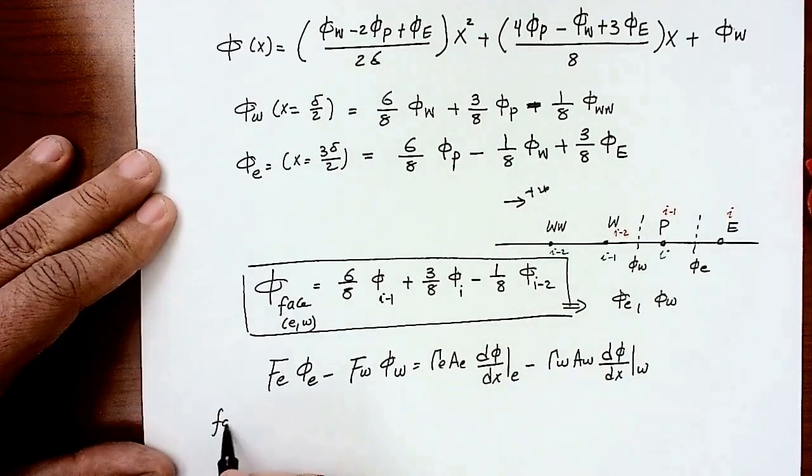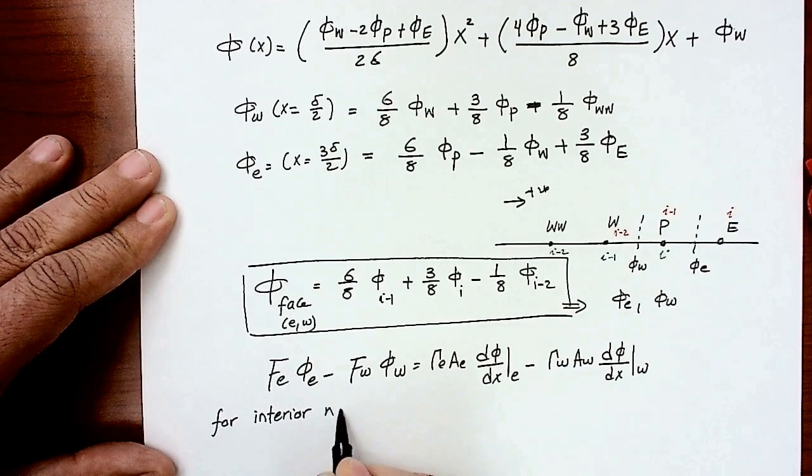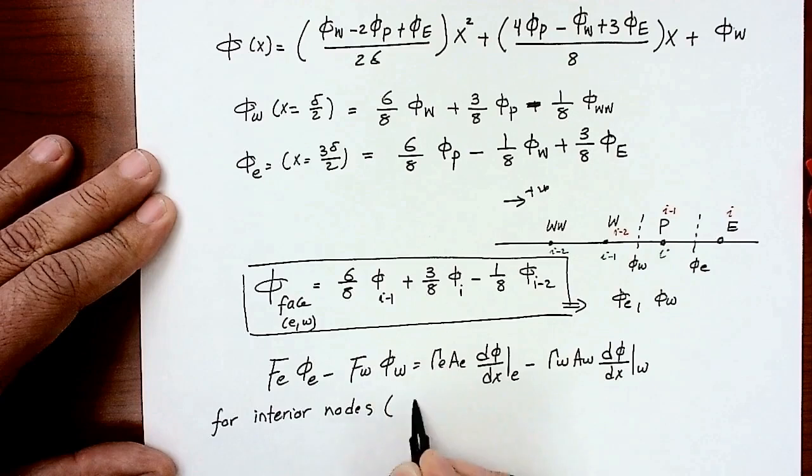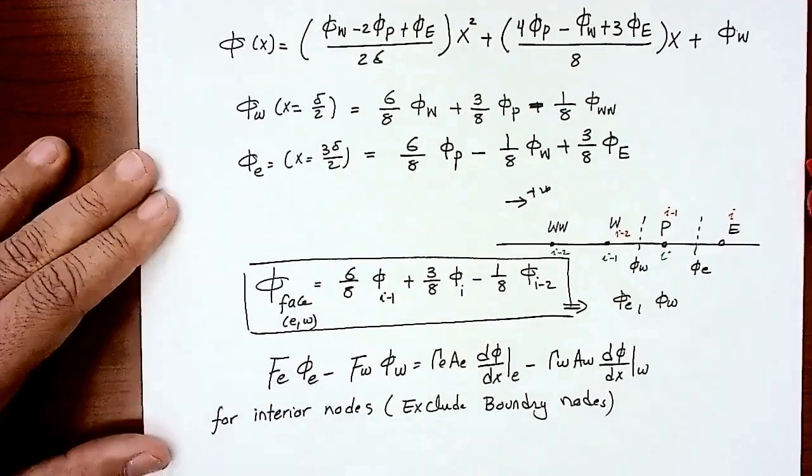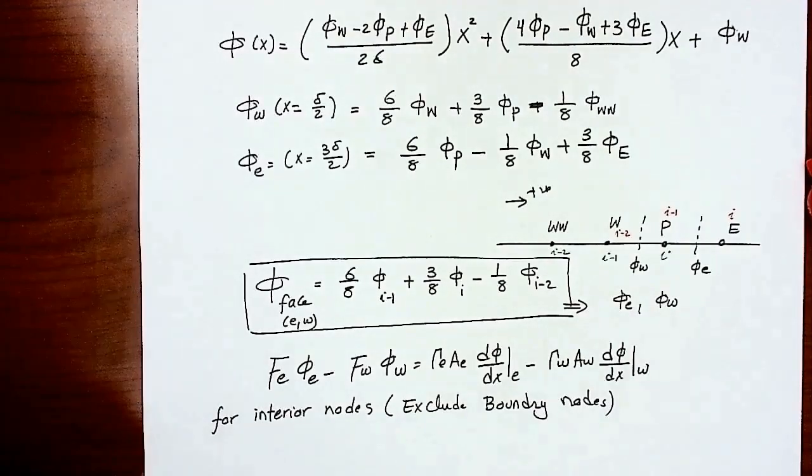For interior nodes, which means excluding boundary nodes. So I'm just looking at the interior node. I can now fill in the big equation here and see where we go.